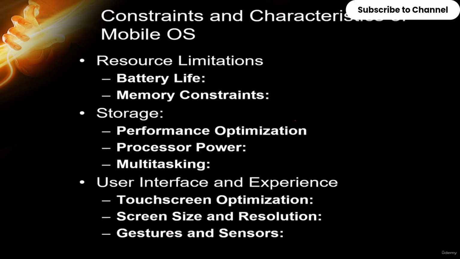So this is one of the limitations of memory constraints. Next one is storage performance. As we talked about memory, the next thing is storage. Since it has storage constraints, where performance optimization matters, we are not able to store a large amount of files, so some constraints are there. And processing power.